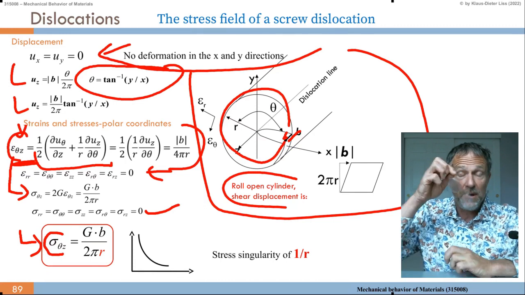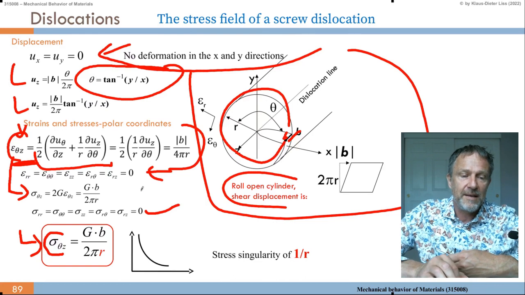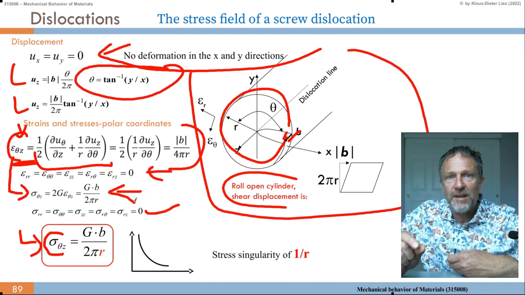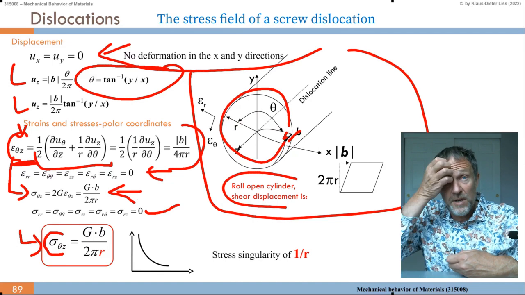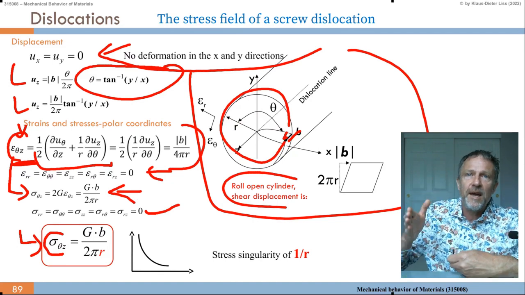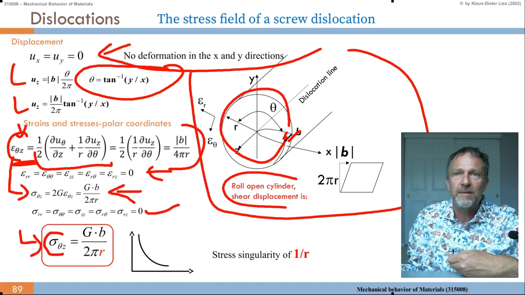And this is where the model fails, because you remember these formulas here, they are for continuum mechanics. But if we go closer and closer to the dislocation line in a solid, then we are not using a continuum anymore. We are using discrete locations of atoms with space in between.